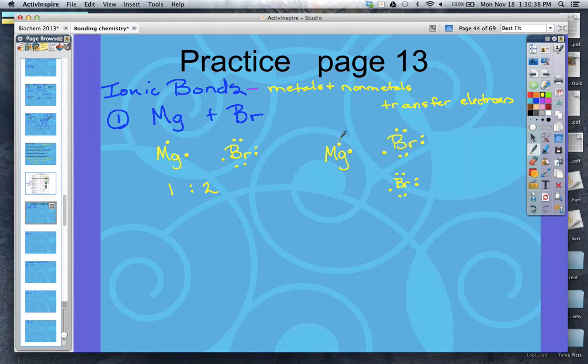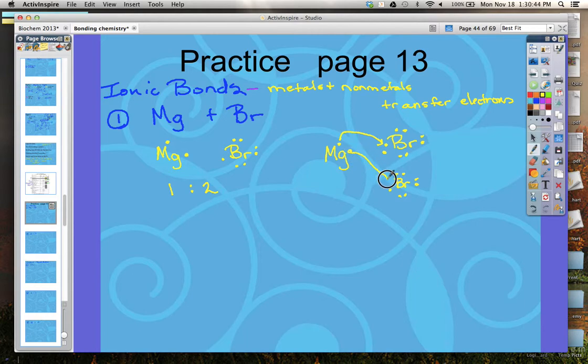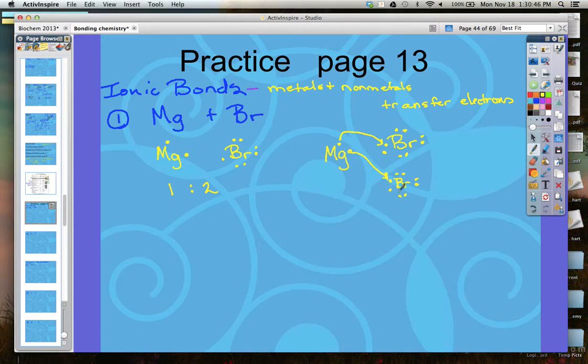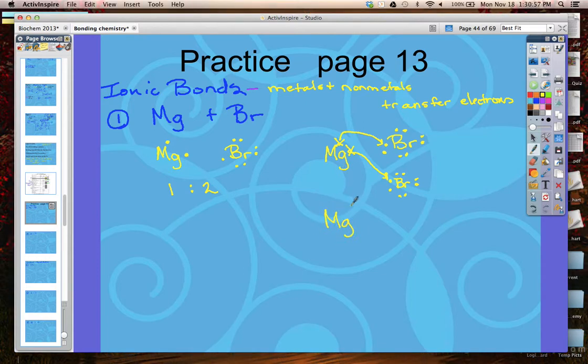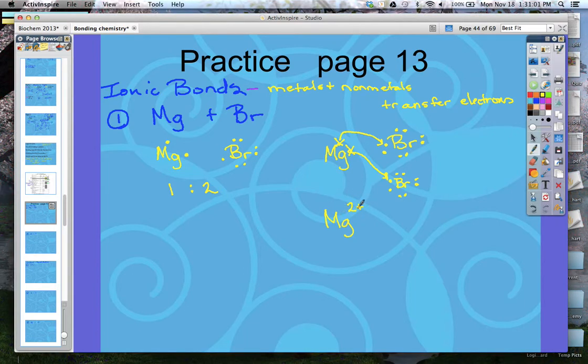And I know the reason I need 2 is because I've got to take 1 electron over here, and I've got to take this electron over here, because bromine can only take 1. And then when that happens, the magnesium loses the 2 electrons. At that point, magnesium becomes a cation, which has a positive 2 charge, because that's how many electrons it lost.